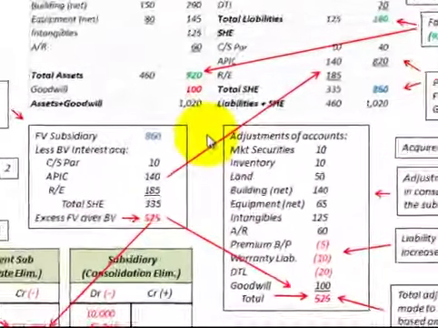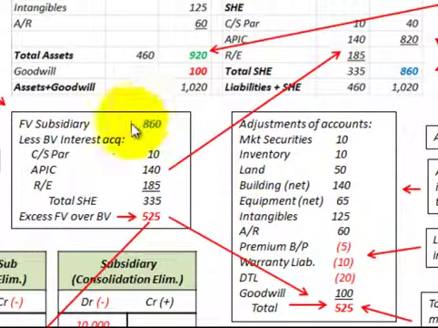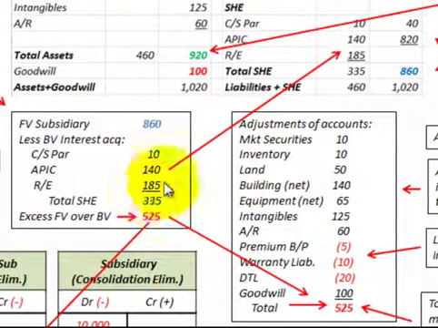Okay, so now looking at our distribution schedule, the fair value of the subsidiary was $860,000. That was the common stock that Corporation A issued to Corporation B in acquiring Corporation B, and then we take the less the book value of Corporation B's total shareholders' equity shown up here on their balance sheet.